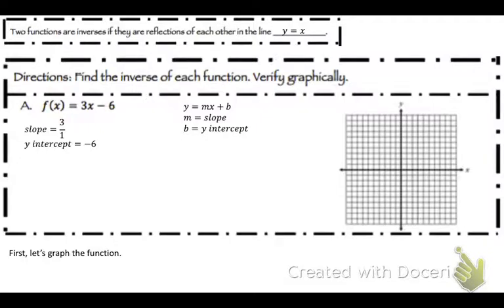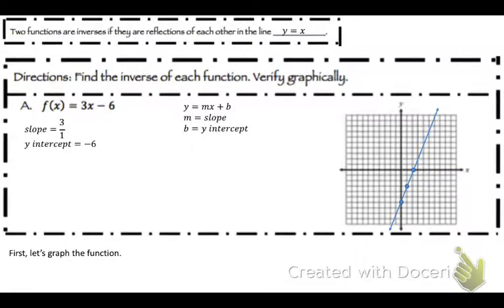My y-intercept is negative 6, that's my first point. Now I go up 3 over 1 for the second point, and again for the next point. I have 3 points, so I can just draw the line.